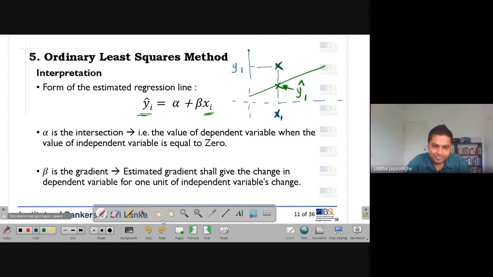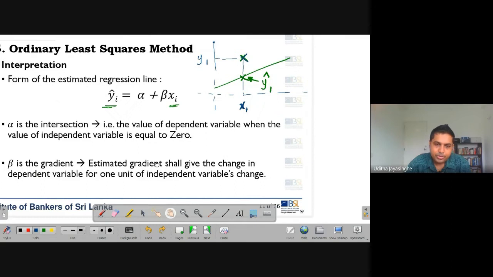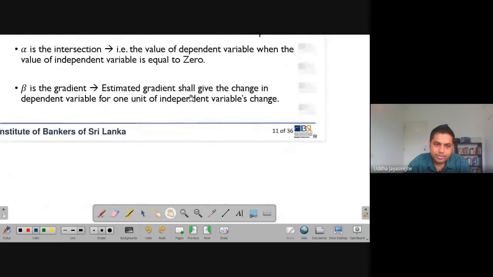What is alpha? Alpha is the intercept. That is the value of the dependent variable, that is y, when the value of the independent variable is equal to 0. Let me make sure we all are on the same page here.